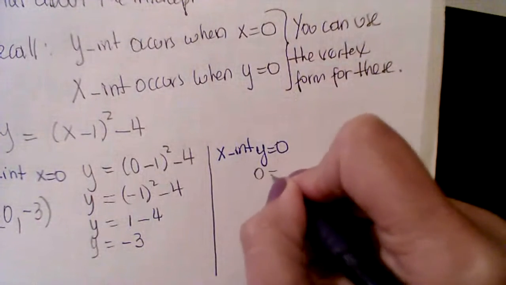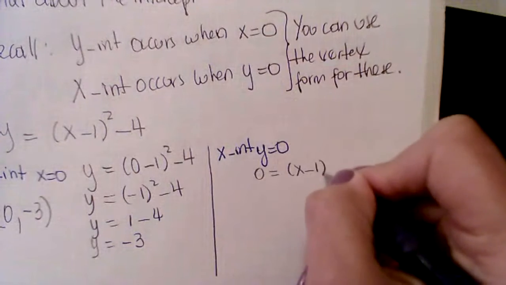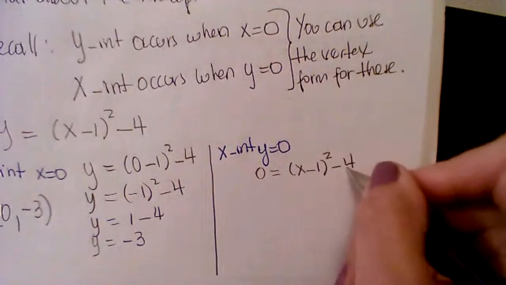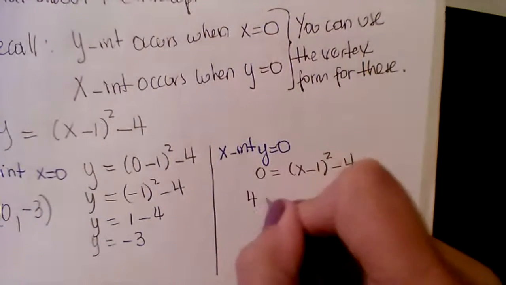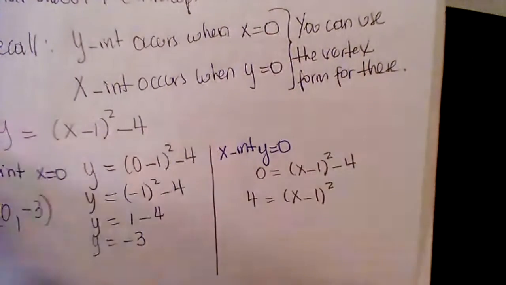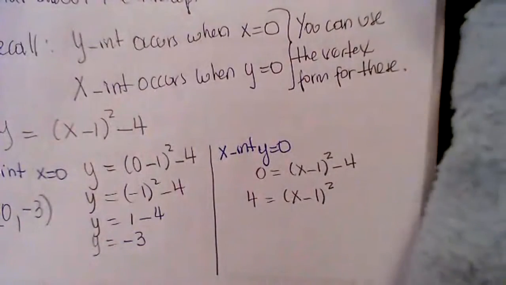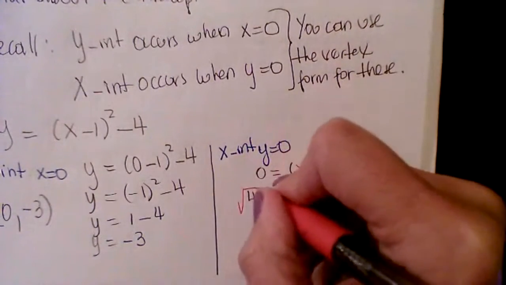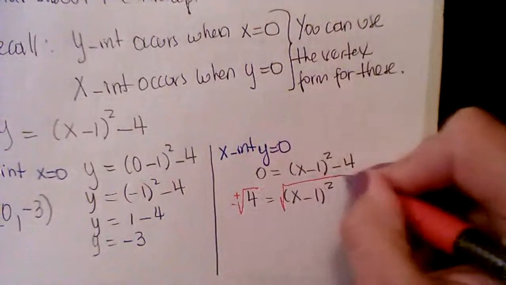X-intercept. That means when y is equal to 0. So we have 0 equal to x minus 1 squared minus 4. Let's move this one to the side. If we square root both sides, sorry.